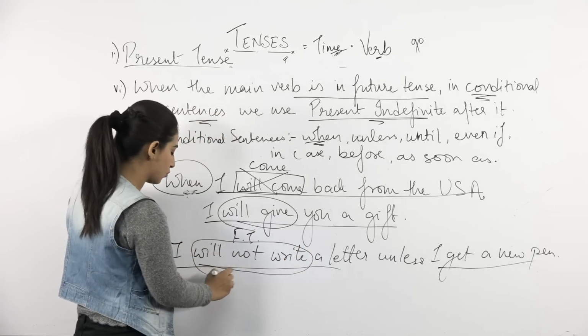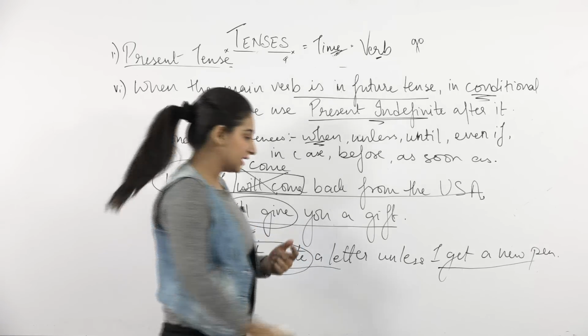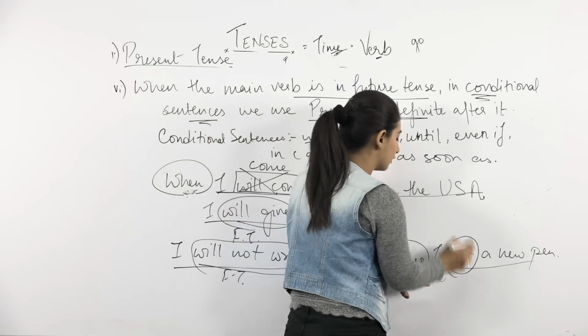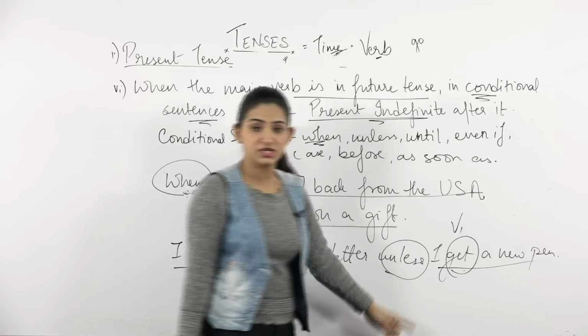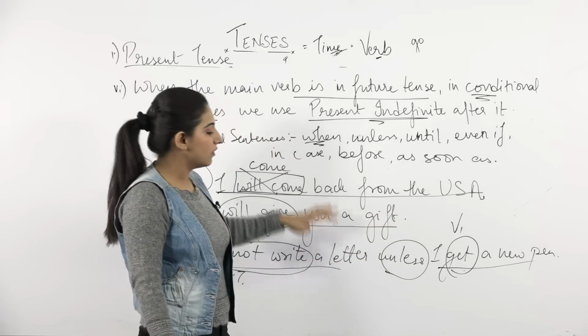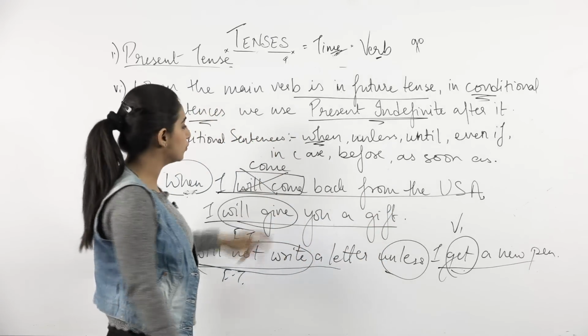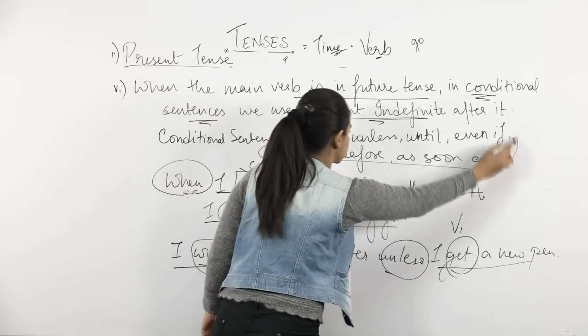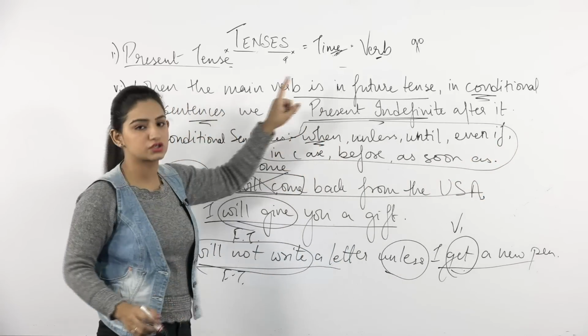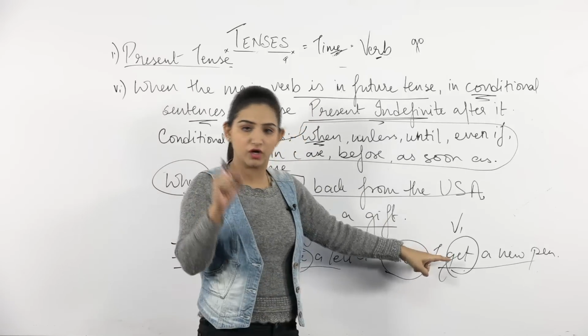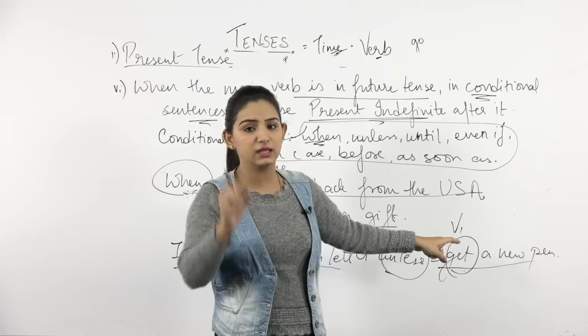So this is what? This is future tense. And then you have the word unless in the sentence, and you have the verb's first form, which is correct. So what do we do whenever we have main verb as future tense and you have any of these words in the sentence which makes a conditional sentence? In that sentence, you will use verb's first form or fifth form in the sentence.